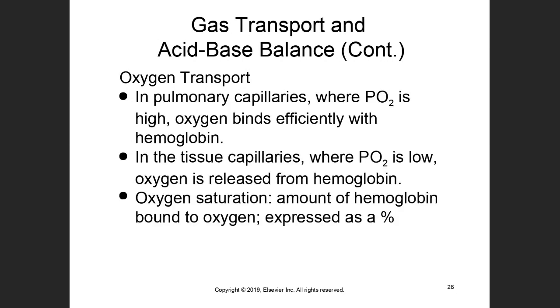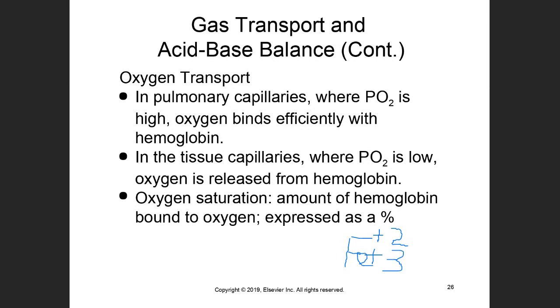Out of all this, what you have to know is that in the pulmonary capillary, when PO2 is high, the hemoglobin, when it's in the lungs, increases its affinity for O2. So this is iron, and it has 2 states in our body, +2 or +3.